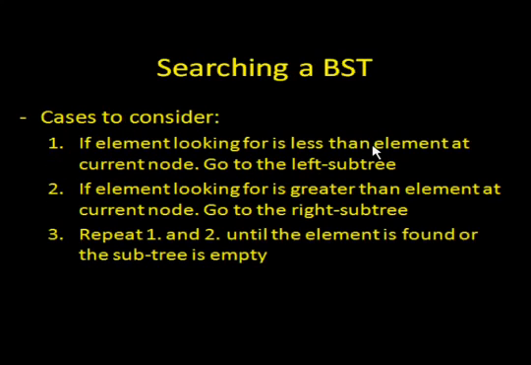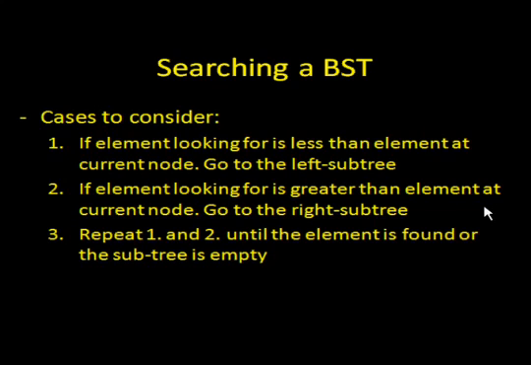Now, if you're searching a binary search tree, how would you go about searching it? Say you're looking for a certain number, how would you search and find that number in the tree? Well, it's pretty simple. You would compare the number you're looking for to the first node at the top of the tree. If it's less than the element of the current node, you would go to the left subtree.